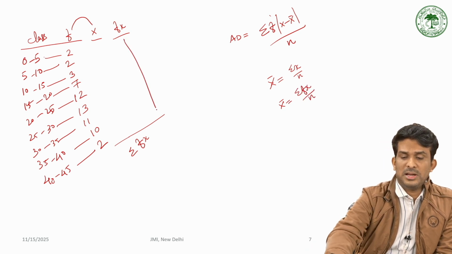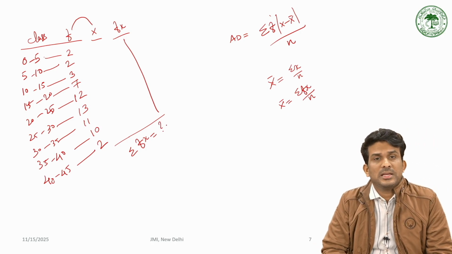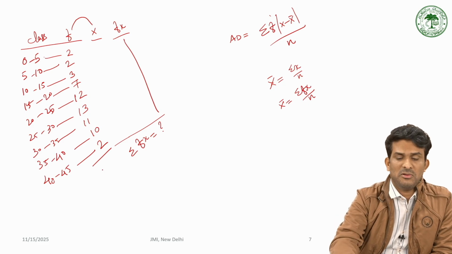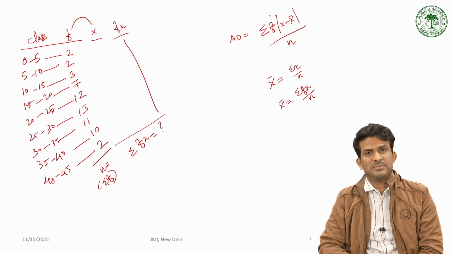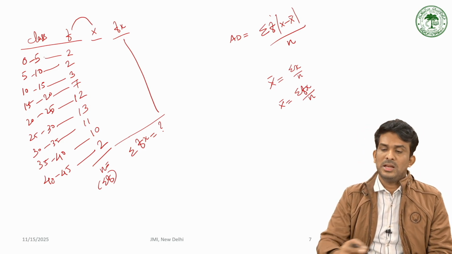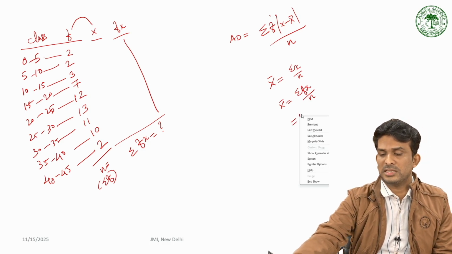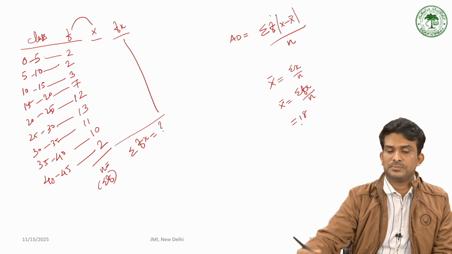You calculate fx, get the total as sigma fx, divided by n. N is the total of frequency, also called sigma of f, right? All the terminologies we should understand. Now I got a value. For example, I got 18 as the arithmetic mean value.